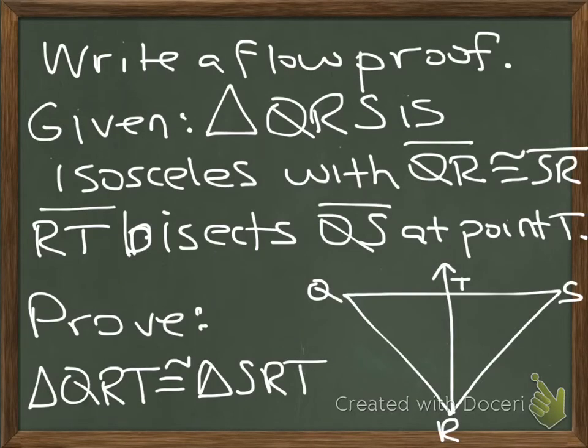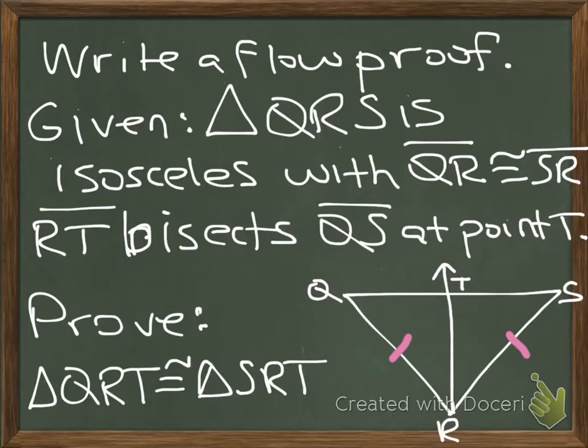So we're going to do a flow proof, keeping that postulate in mind, and this is telling us that we're given that triangle QRS is isosceles. So if I'm going to label this as isosceles, that would mean these two sides would be the same.